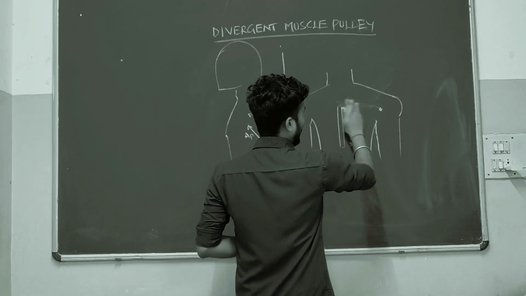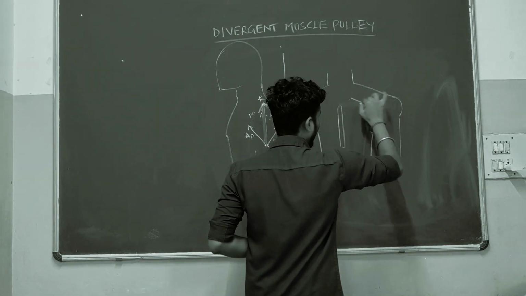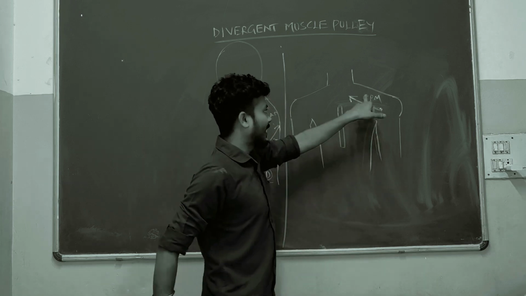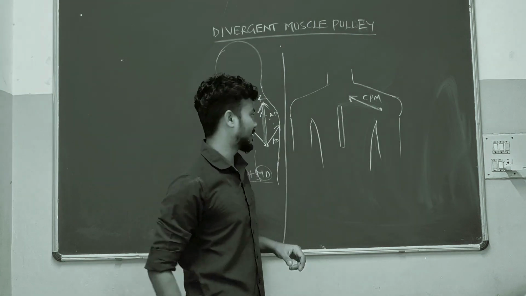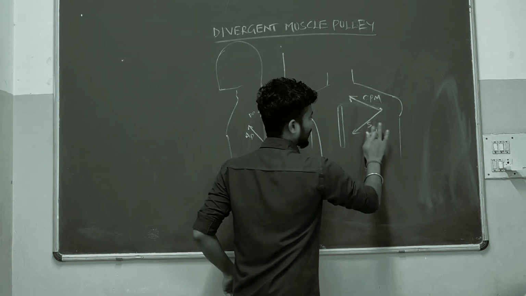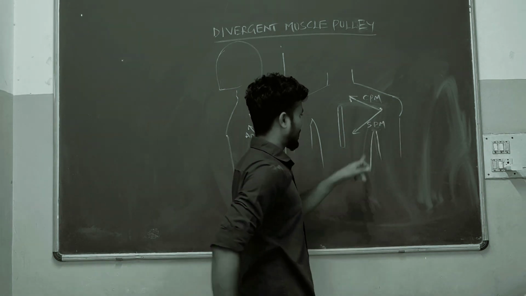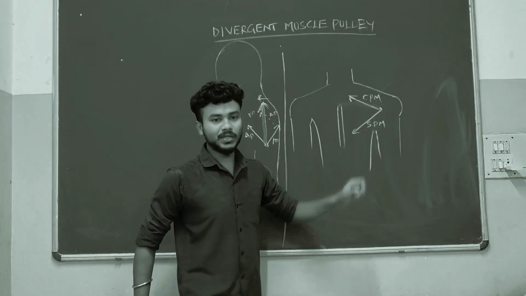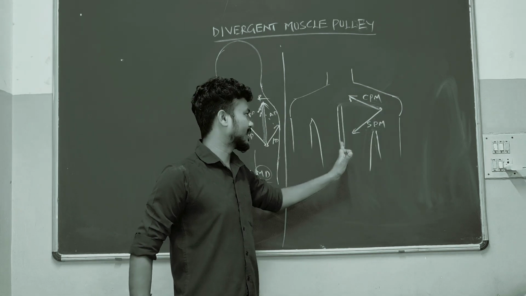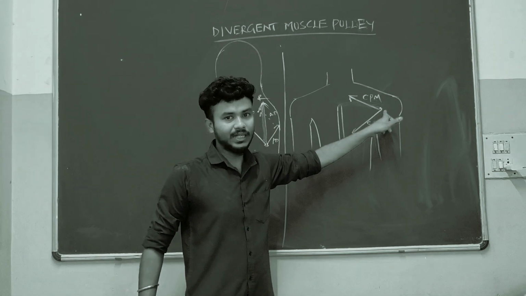Here we will have the clavicular portion of the pectoralis major muscle. And this section will have the sternal portion of the pectoralis major muscle. From the clavicle, the pectoralis major will go and insert here. From the sternal portion, the pectoralis major muscle will go and insert here.